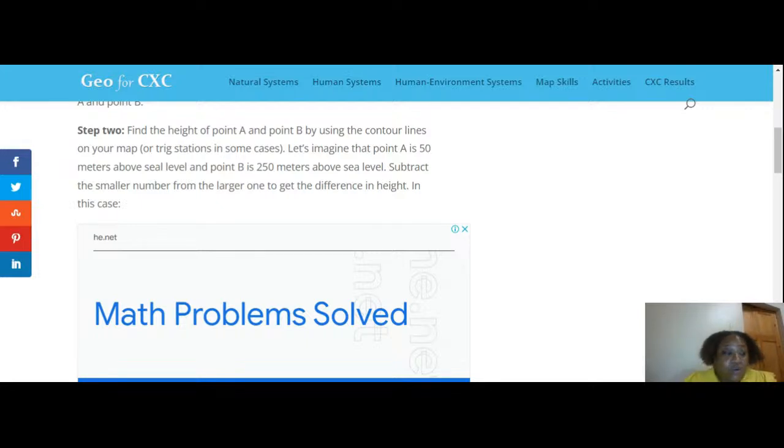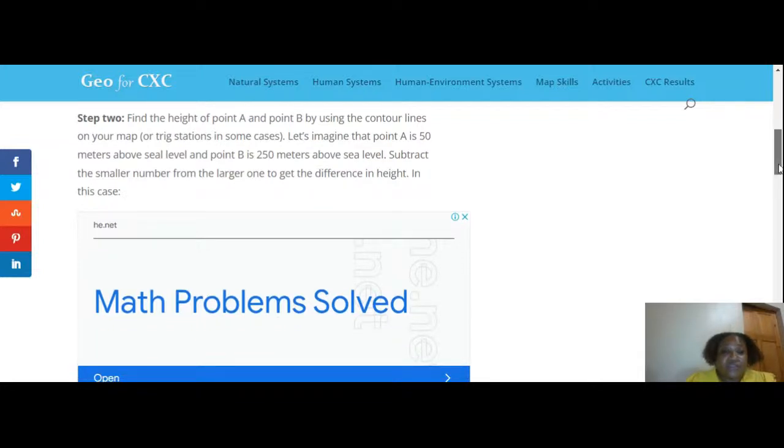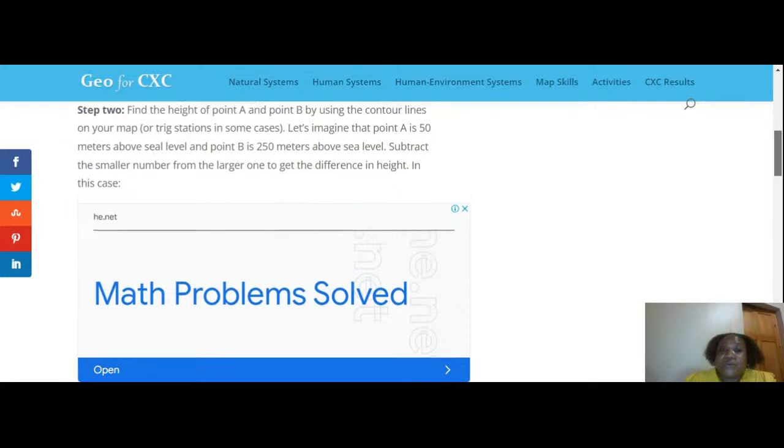Sometimes they can give you the coast, which is 0. So remember that is 0 if they didn't give it to you and they tell you it's at the coast. So point B is 250. So to find the vertical difference in height, it's going to be 250 minus 50, which is 200. So that gives you the rise or the vertical difference in height.